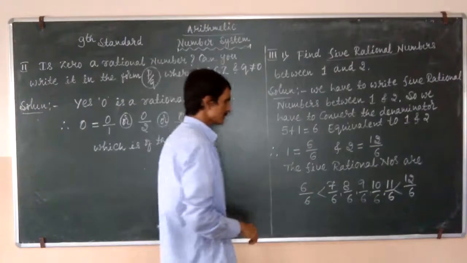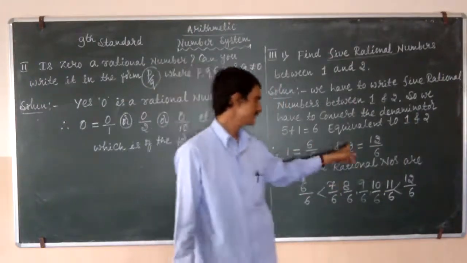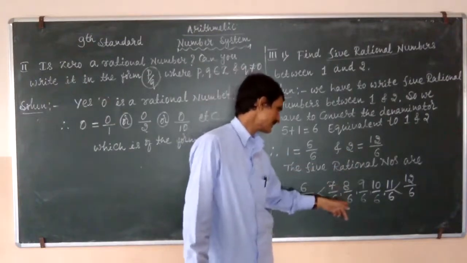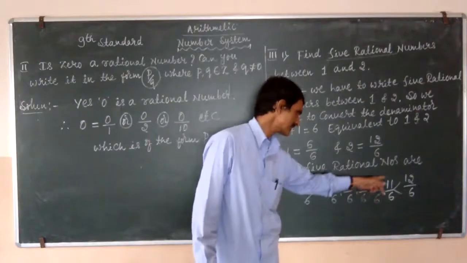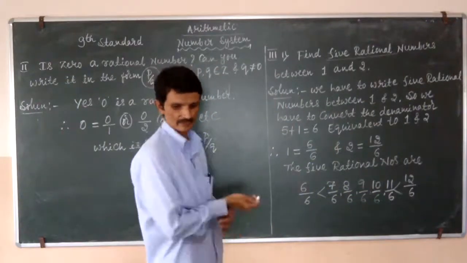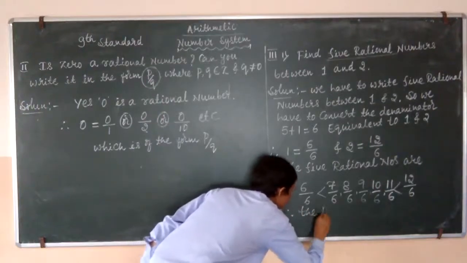Therefore, the five rational numbers between 1 and 2 are 7 by 6, 8 by 6, 9 by 6, 10 by 6 and 11 by 6. So therefore, you can write the rational numbers.